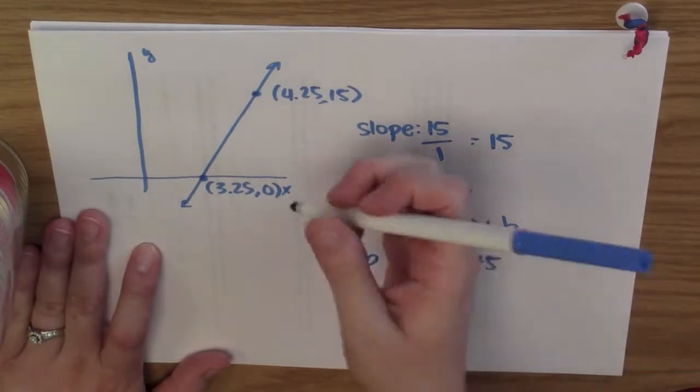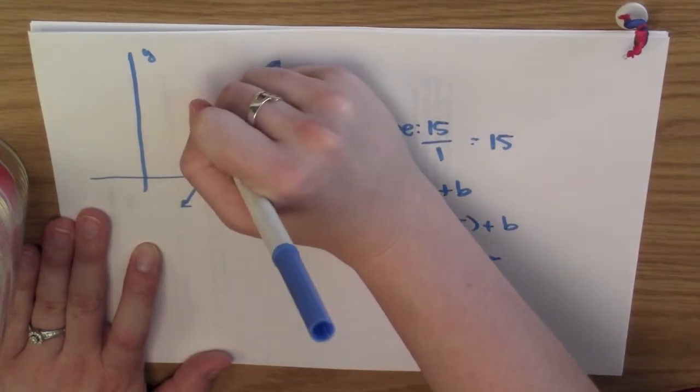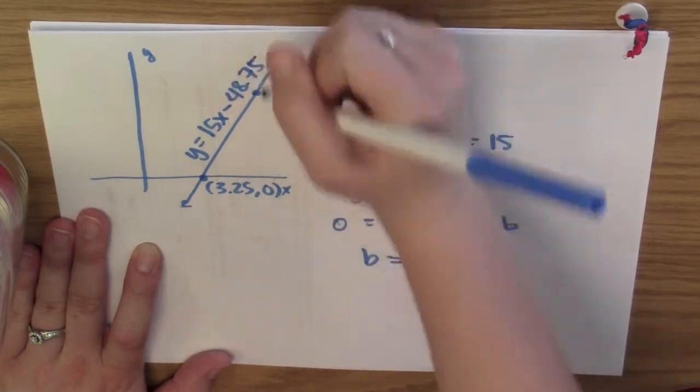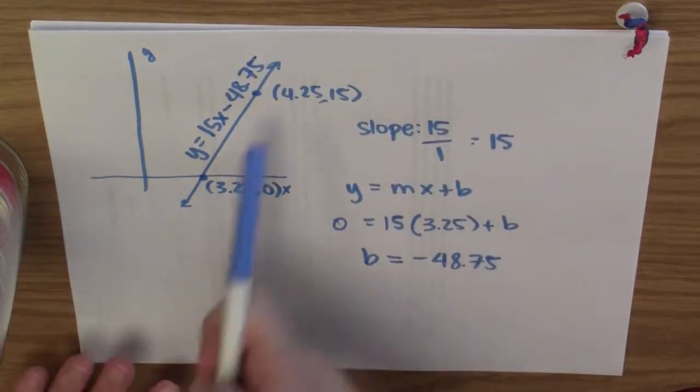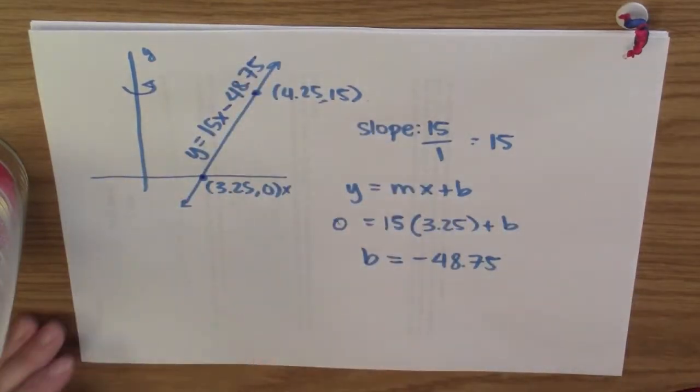So the equation of this line is y equals 15x minus 48.75. I'm interested in the portion between these two points, and I'm going to rotate it around the y-axis.